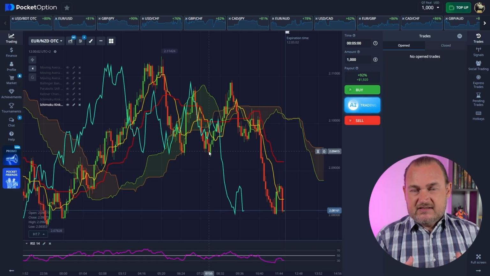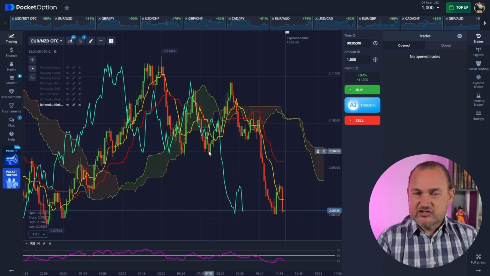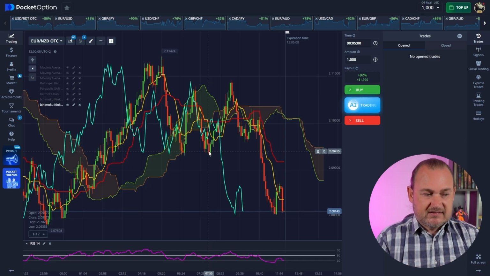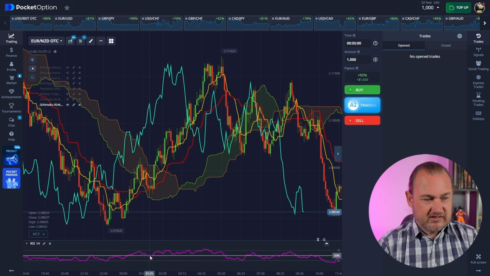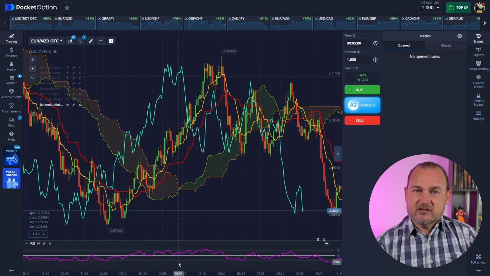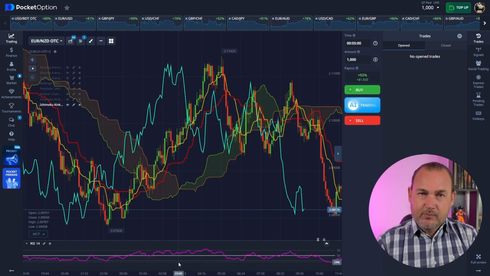The reason we're doing this is every time the RSI tests the 50 line and gets rejected, suppose price is running upwards. Let's take this example. Price is moving upwards and the RSI comes and tests the 50 line and gets rejected every time. This is telling me that we are still maintaining bullish momentum. So we haven't changed momentum.